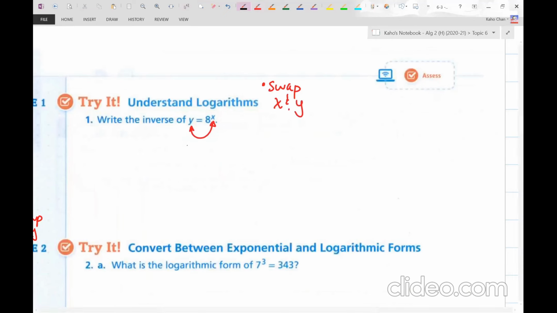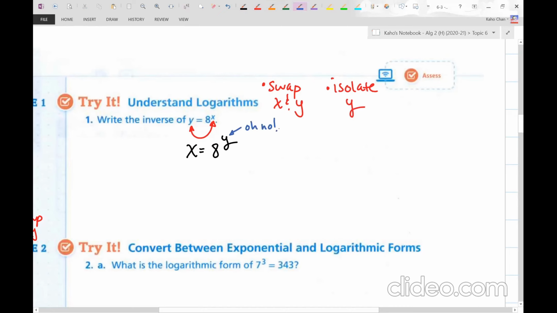When we do that, we get x equals 8 to the y. Oh no! Second step is isolate y. But here's the problem. The y is in the exponent position. Oh no. What do we do?